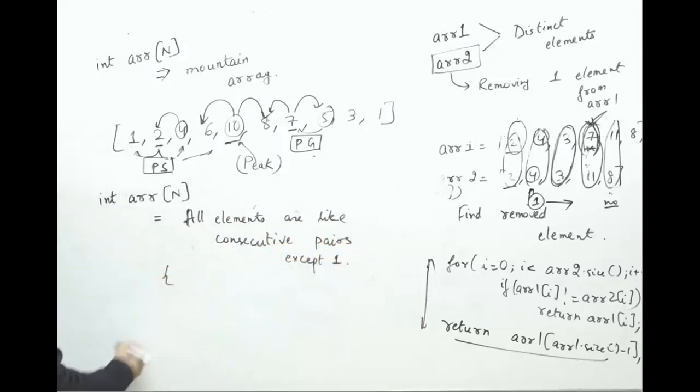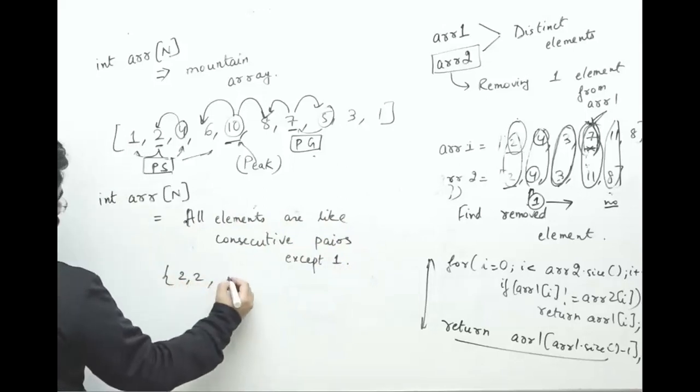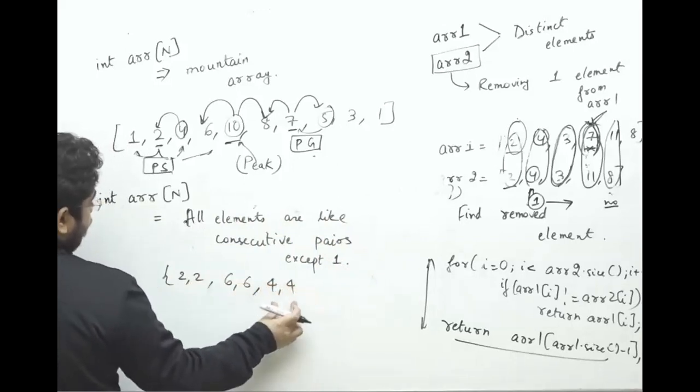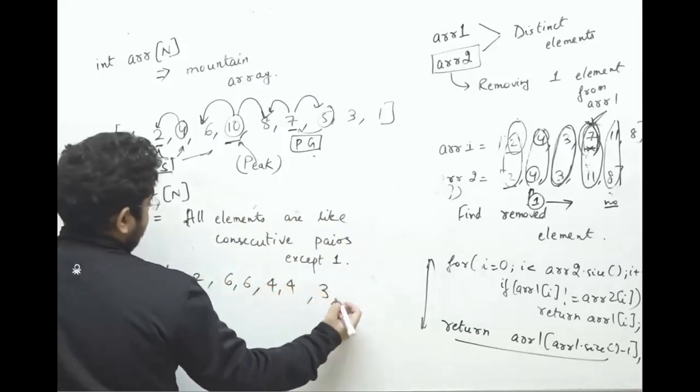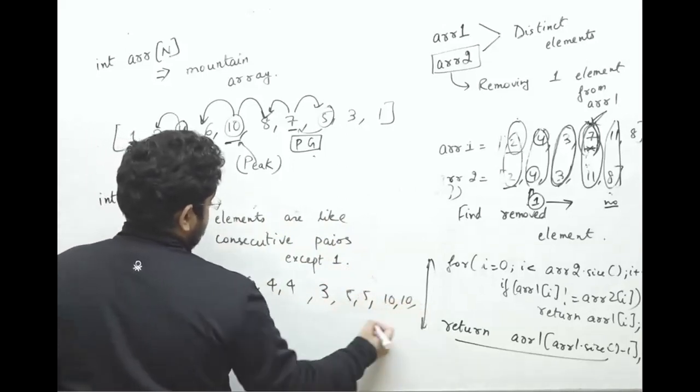As an example, the array might look like 2, 2 consecutive pair, then let's say 6, 6 consecutive pair, then 4, 4 consecutive pair, then let's say a single element, then let's say 5, 5, 10, 10, 12, 12.